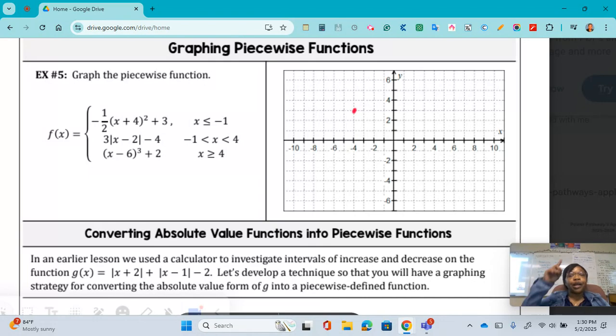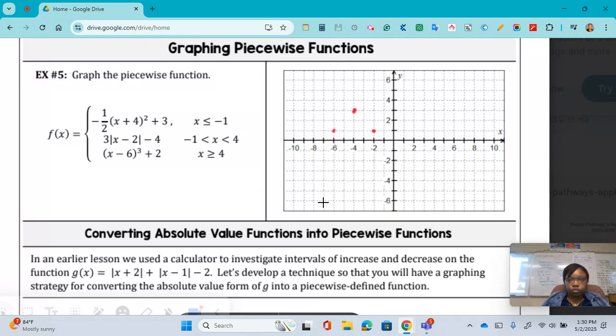So we're not talking about a U, but an upside down U. And it was vertically compressed by half. So when you put it in the graphing calculator, it would give a parabola like this.